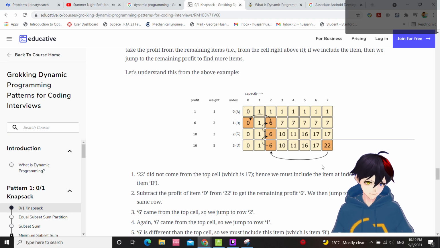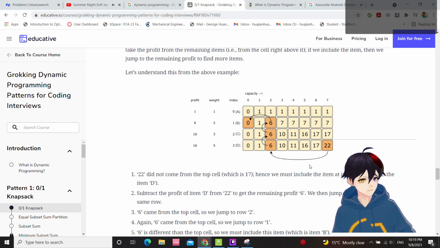Okay, because 17 plus 16 is 33, so yeah. Somehow it must have included it. And subtract the profits, jump to 6 on the same row. If the number is the same, it's jumping. Jumping is actually kind of hard.